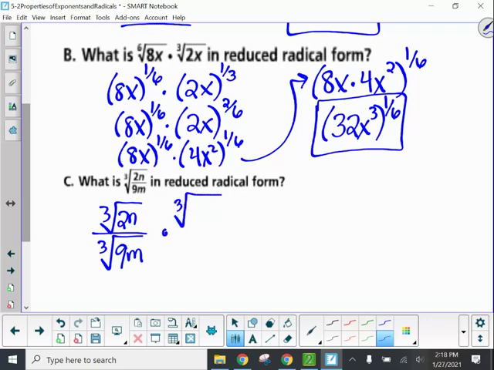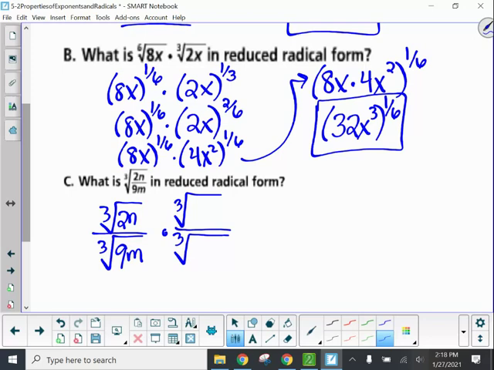So we want to think about what we can multiply by to turn the number into a perfect cube and to turn the variable into a perfect cube. Well, the number that I have is 9. I want to see the smallest number I can multiply 9 by to get something I can take the cube root of.